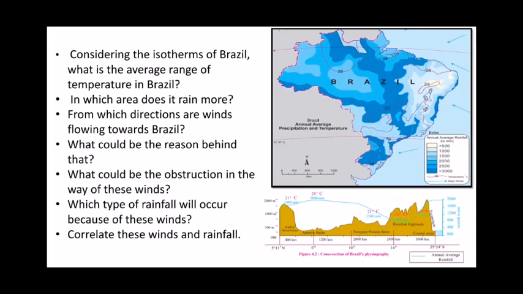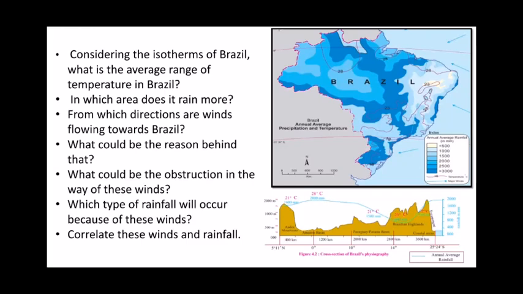It is orographic rainfall. Now, correlate these winds with the rainfall. The escarpments act as an obstruction to the winds blowing from the sea and they cause orographic type of rainfall in the coastal region. Beyond the highlands, the effect of these winds gets reduced. As a result, the rainfall is very less.